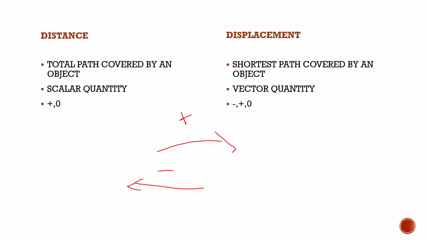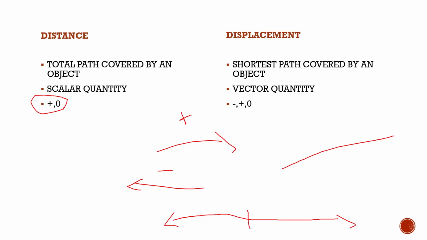See here, distance is taken only in positive. Why? Distance is the total path. I'll write it here. There is a straight line. From here, this is the starting point. You're moving about 5 kilometers here. So 5 kilometers.